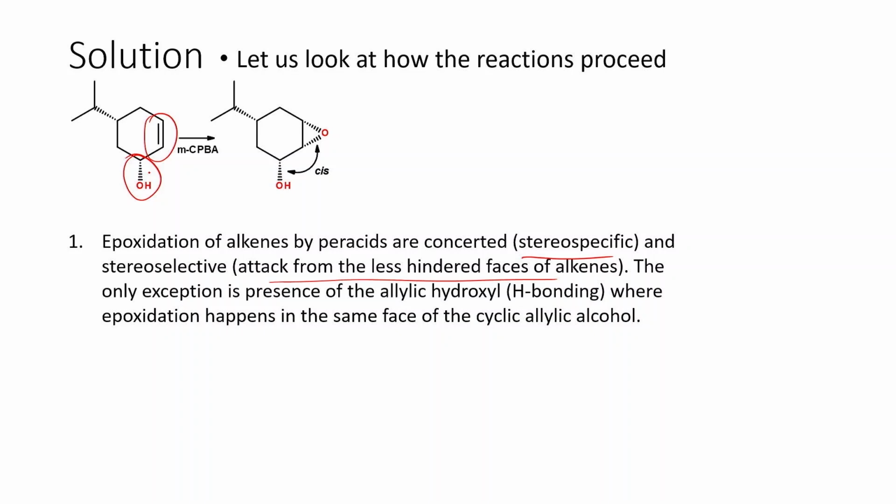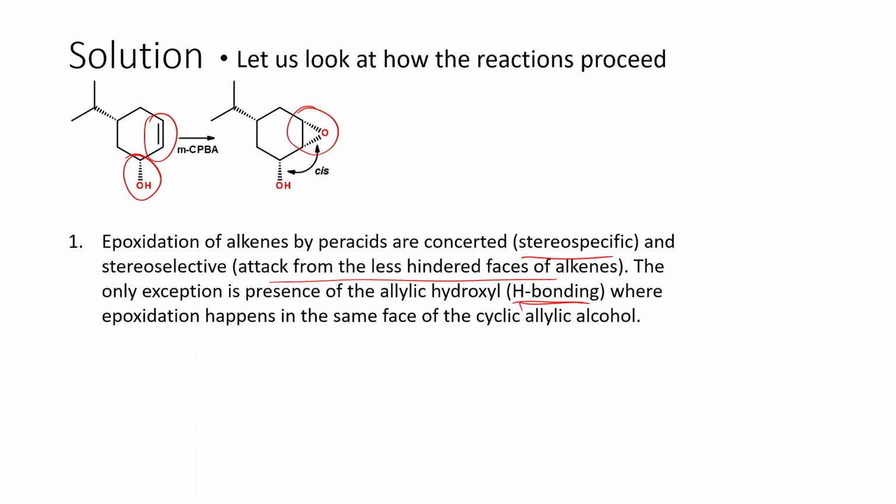The reason is the presence of the hydroxyl group actually helps in hydrogen bonding. This hydrogen bonding is very crucial, and due to this hydrogen bonding, the epoxidation happens from the same face of the hydroxyl unit.